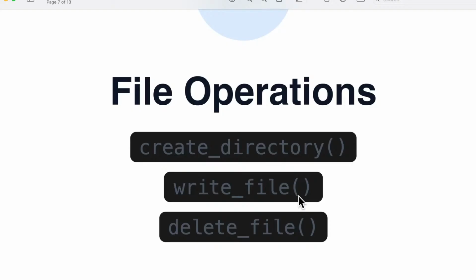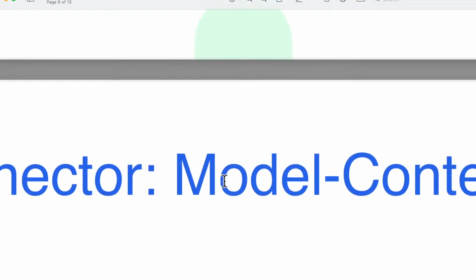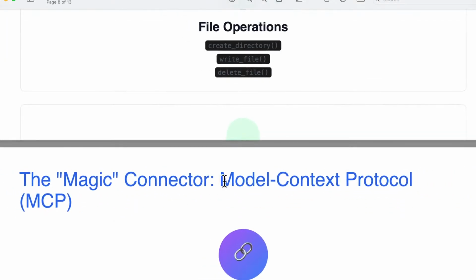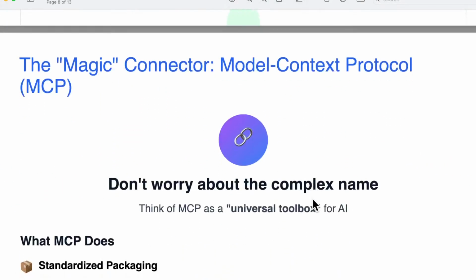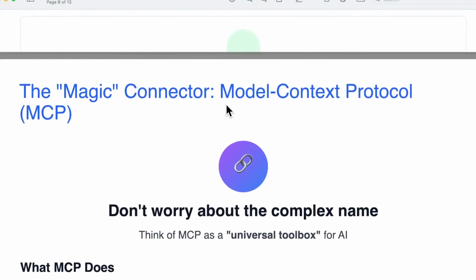So that's what we call an AI agent, an AI coding agent, because they can modify files and create files on your computer. We need to provide functions to the AI. So what's the most magic thing?